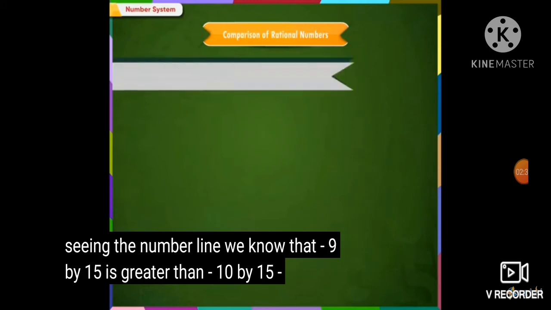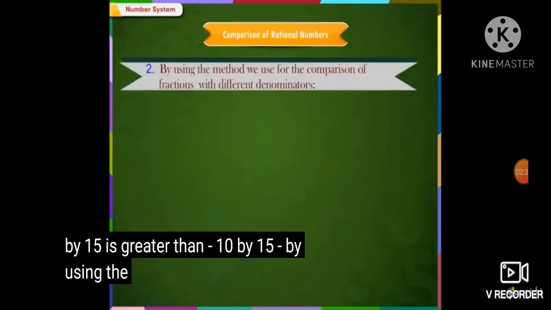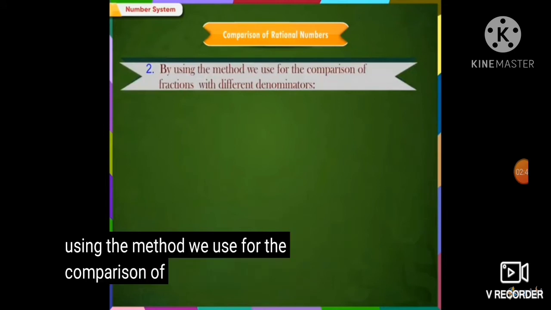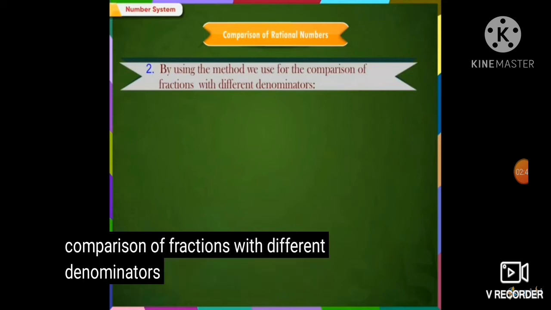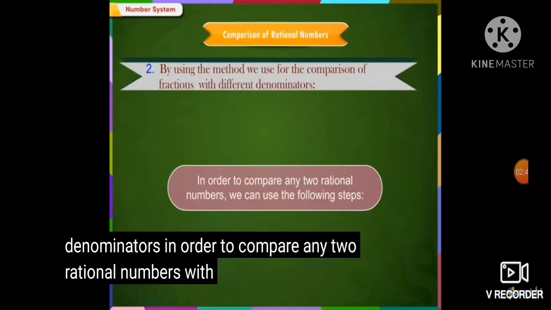The next one is by using the method we use for the comparison of fractions with different denominators. In order to compare any two rational numbers, we can use the following steps.